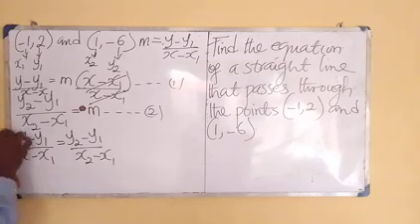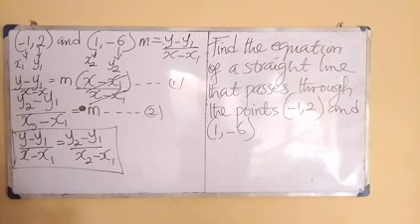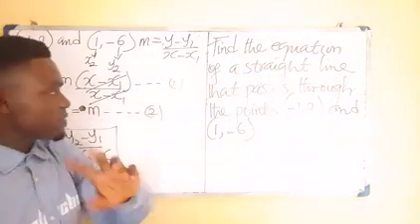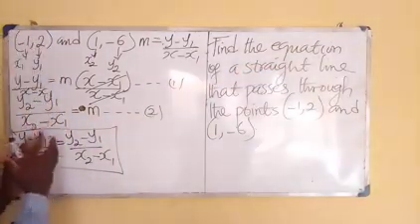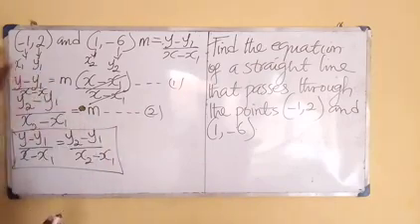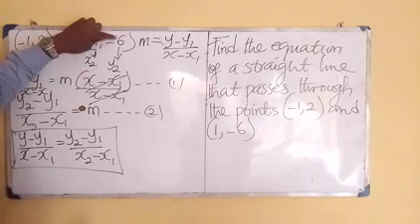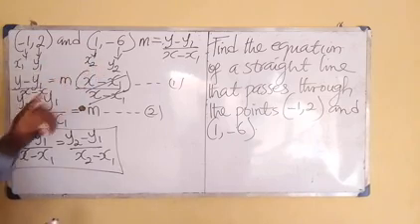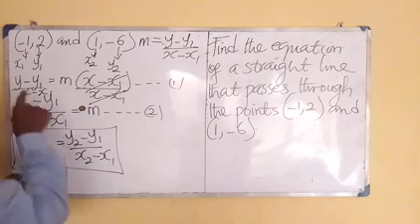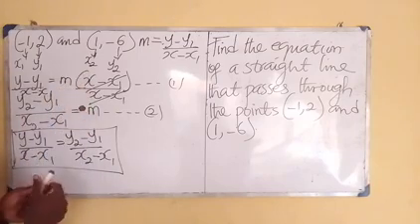Now this is the simplest method you can use to solve problems related to this. It is very easy. If you have been able to do this, it means that you are almost done solving the problem. I'll take it again. x1 is this, y1 is this, x2 is this, and y2 is this. To look for the relationship between slope and point, we have y minus y1 equals m times x minus x1.